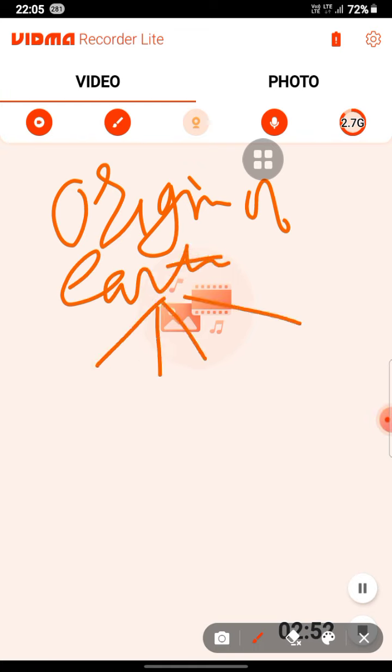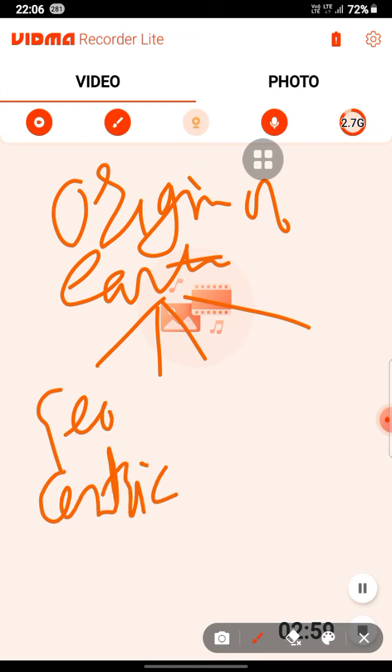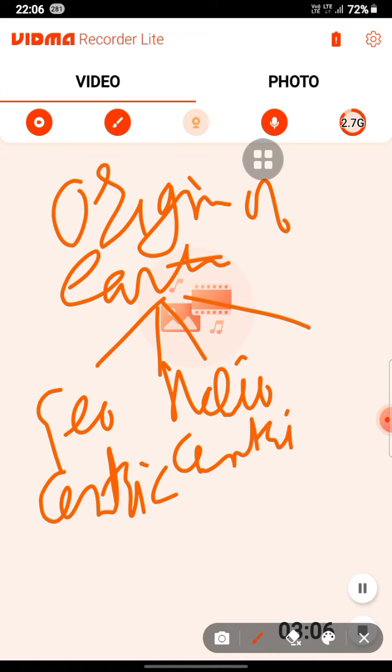Origin of earth: first is geocentric theory. Second is heliocentric theory. Two theories are there.